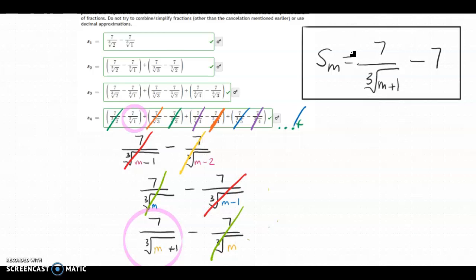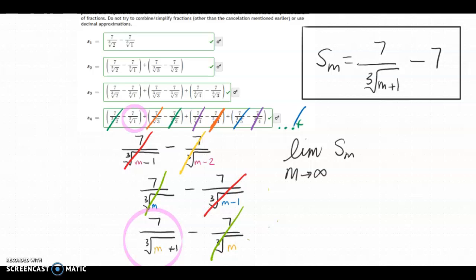Now we need to see if this converges to a number. To find that, we will take the limit as m, oops, I wrote n, approaches infinity. That's what we see in the last question: compute the limit as m approaches infinity of the mth partial sum.